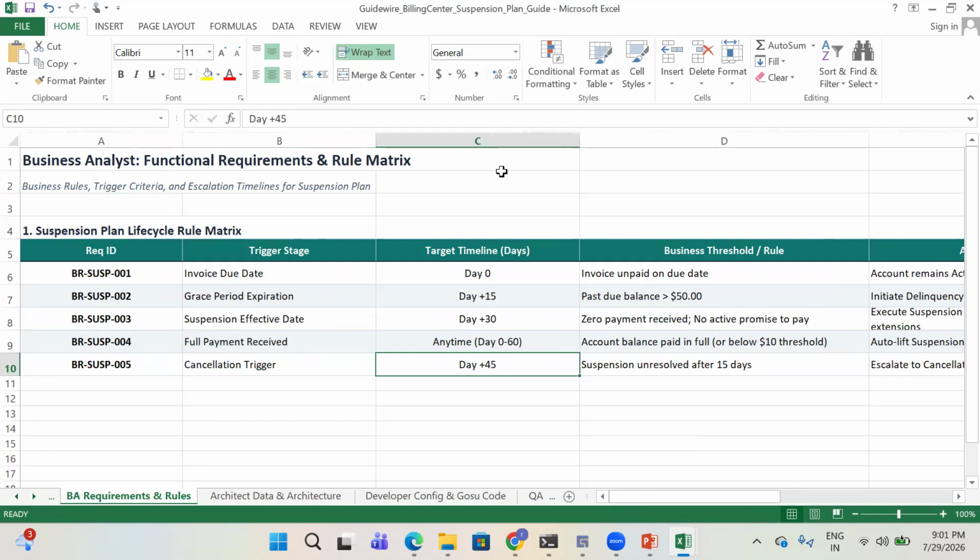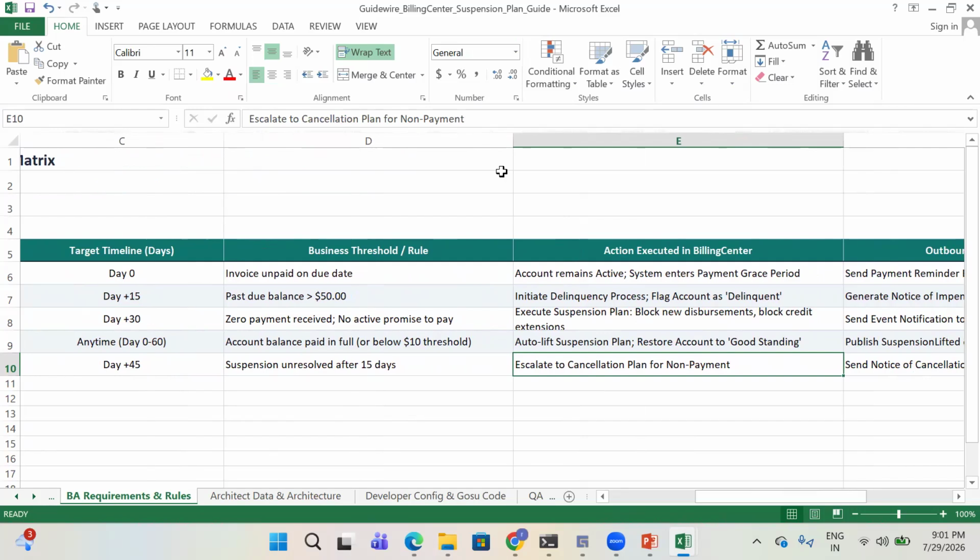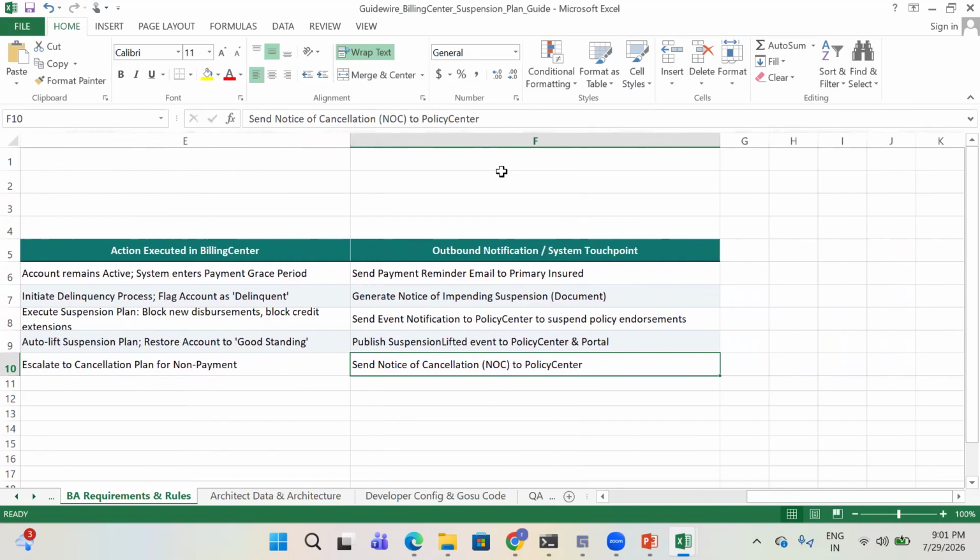Next, cancellation trigger. For the timeline we are providing, these days can vary, but generally for any insurer, these target limit dates and all are more or less the same. So target plus 45 days, suspension unresolved after 15 days, automatically it will be escalated to a cancellation plan for non-payment, because the customer has not paid.